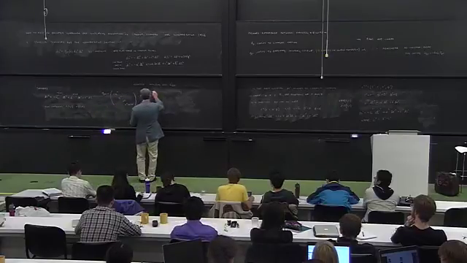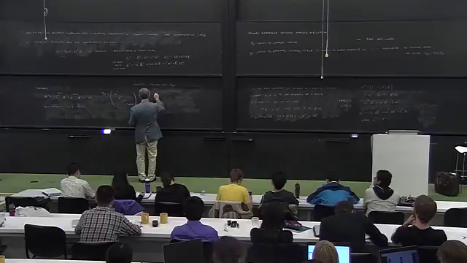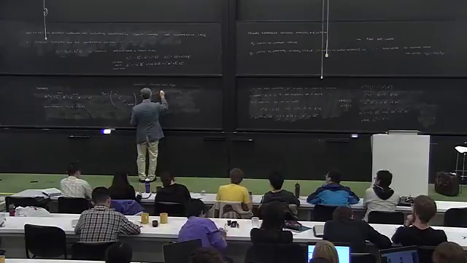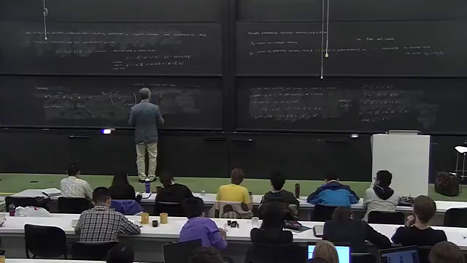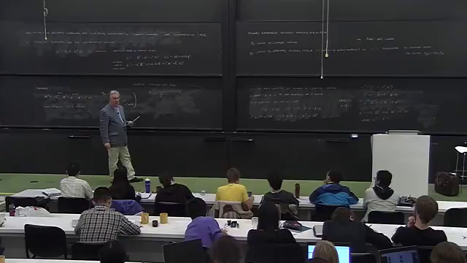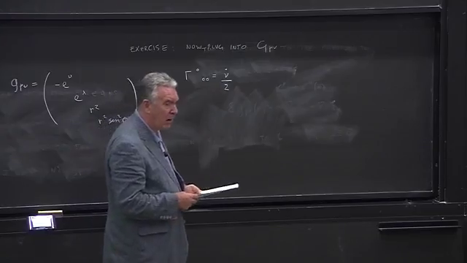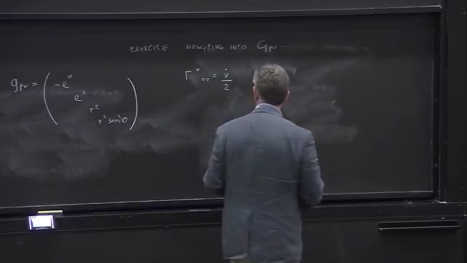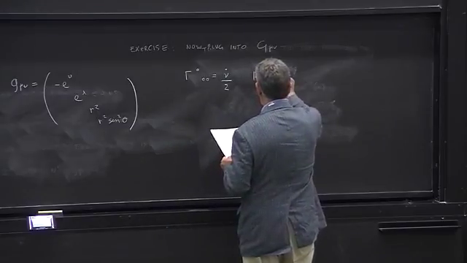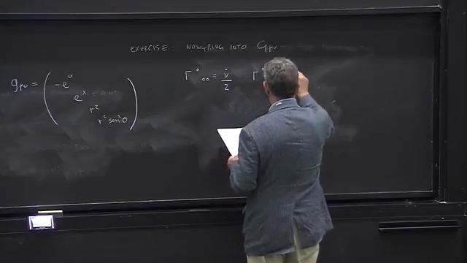And what I'm going to ask you to do is to show that if we denote dots to mean derivative with respect to t and primes derivative with respect to r, then that component looks like that, that component looks like that.